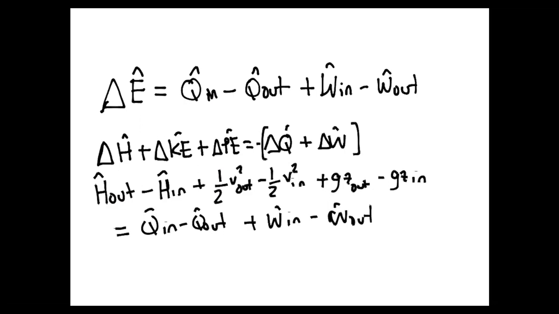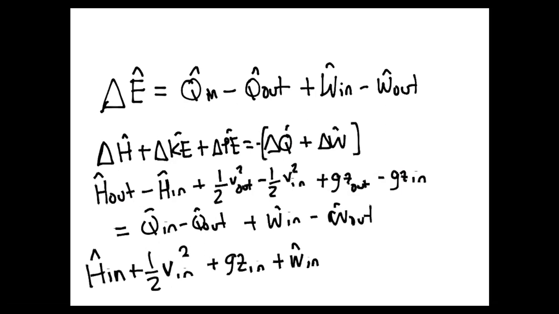So if we rearrange the terms, passing everything in to one side, everything out to one side, we will have H in plus 1/2 of V in squared plus gZ in, plus work in plus heat in, is going to be equal to the same out.